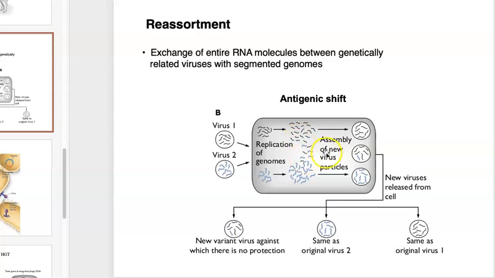And then the assembly of new virus particles results in a variety of outcomes. One outcome might be, this virus is the same as the original, and this virus right here is the same as the other original. But often there's a giant pool of these new variant viruses against which there's no protection. So now this guy is an amalgam of these two.